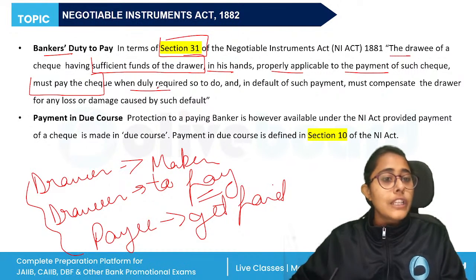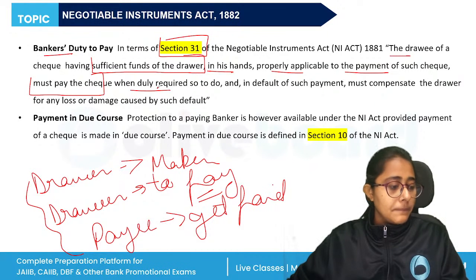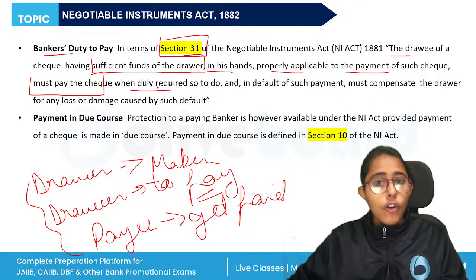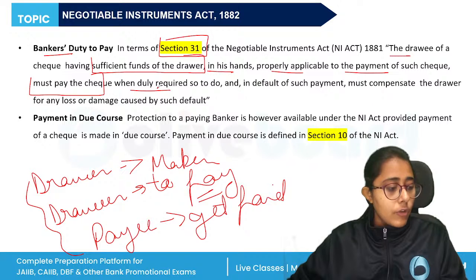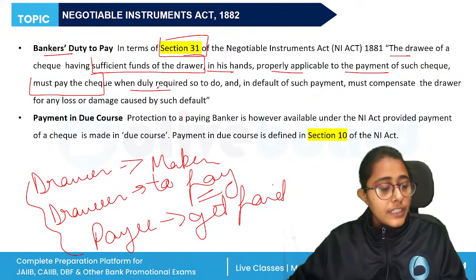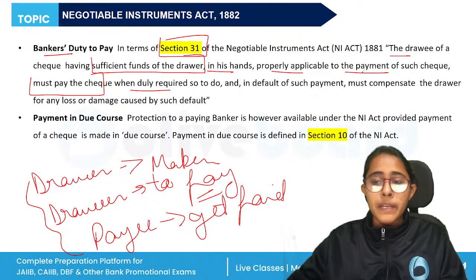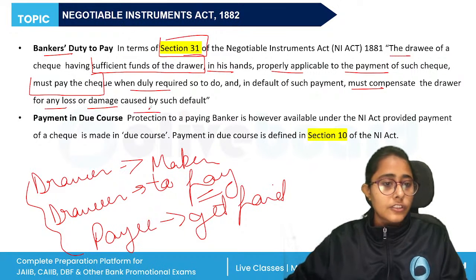So this is the duty of the banker to pay the check if the drawer has sufficient funds in their account, everything is according to the provisions, the amount is mentioned, it is signed, and it is a legal contract. Also, if there is any default in such payment, then they must compensate the drawer for any loss or damage that is caused.